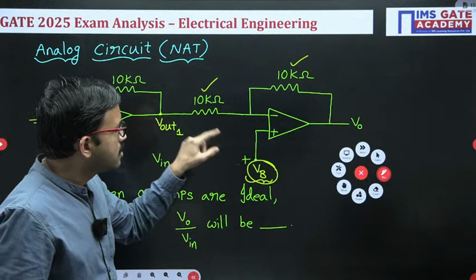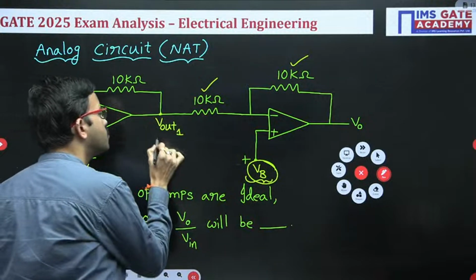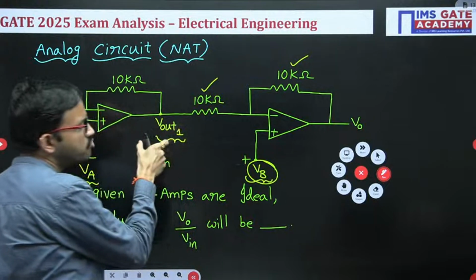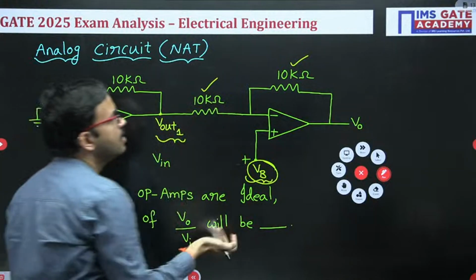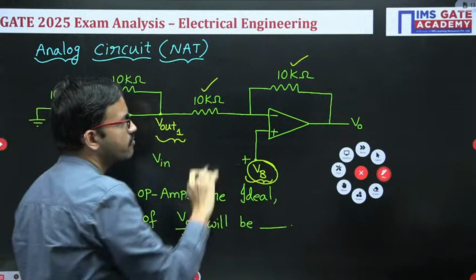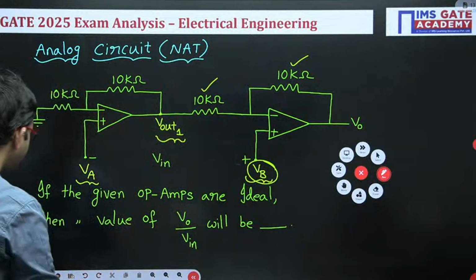Now the second case we have to consider, with respect to this input voltage. Here in this case we are giving the input voltage to the inverting terminal. So now you are very much familiar with the inverting mode op-amp formula: the output voltage is minus RF by R1 into the input.